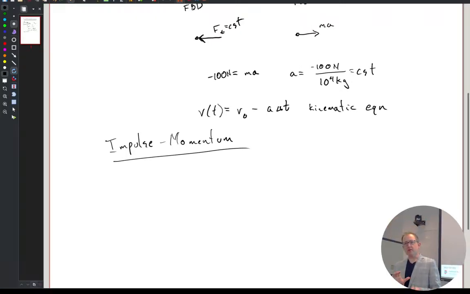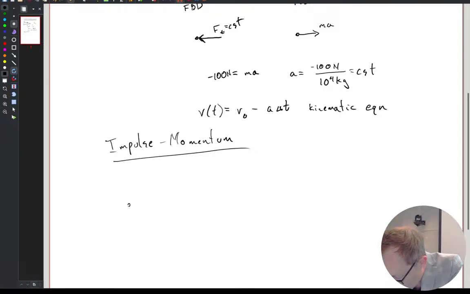thinking about impulse and momentum in the same way that we drew the free body diagram and kinetic diagram. We can look at changes in momentum and set that equal to whatever caused that change, whether it's an impulse or an impact or just a force acting over time.